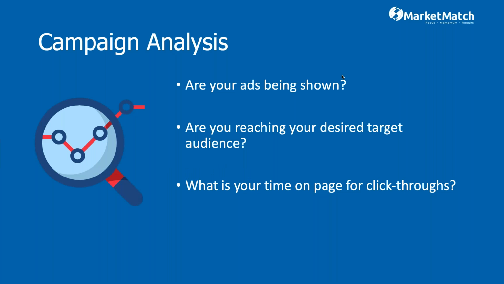So the first thing that we need to do is analyze the campaign. Ask questions like, are my ads being shown? Is it hitting the target audience? Again, talking about that client that we have that has seen your checking product and it wasn't getting to the right age group. So are we hitting that desired target audience? And then are we getting the time on page or the lower bounce rate for people that are actually clicking through to our ads?